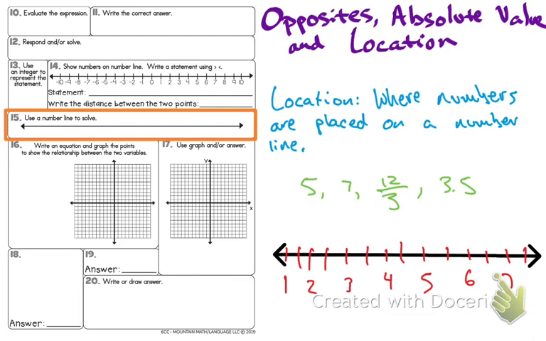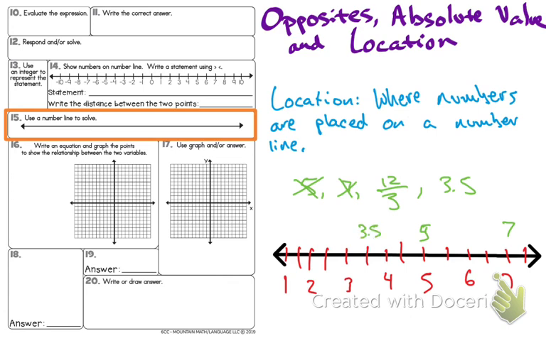So let's start with our easy ones. We've got 5, that's pretty easy to place, and we've got 7, that's pretty easy to place. Those are simply whole numbers or integers. Next, I've got 12 thirds and I've got 3.5. For me, the easiest one to do is going to be 3.5 because I know that that's going to fall right in between 3 and 4, so I'm simply going to put 3.5 there.